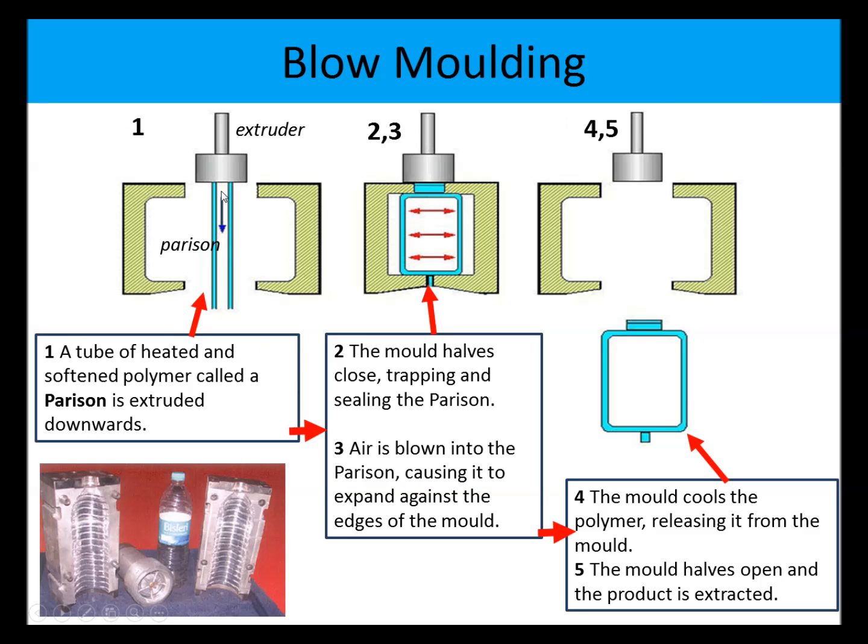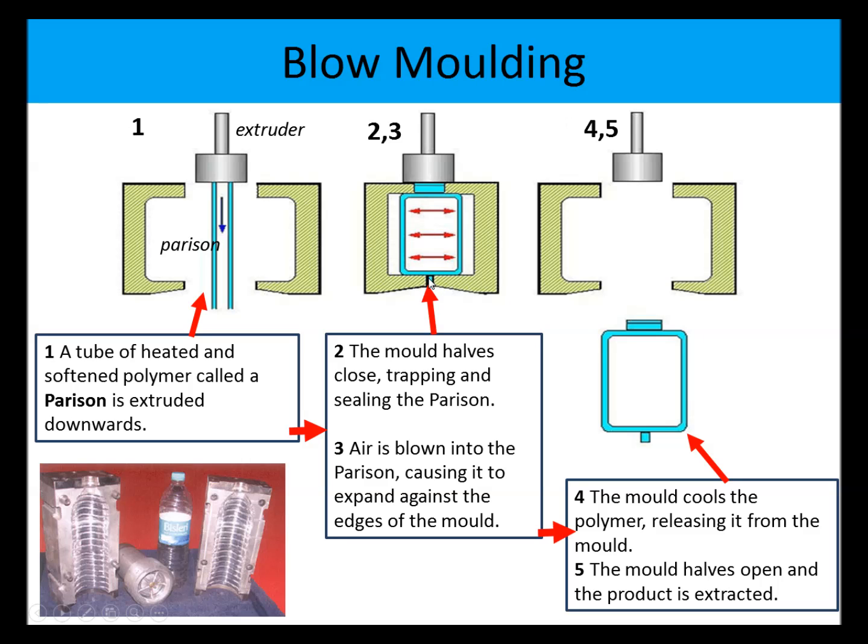Basically how this process works is there's an extruder where plastic is fed down, and an item called a parison comes down, which is basically a tube. As it extends down, the two sides of the mould close in on it, trapping the bottom of the parison, and you often see a little mark on the bottom, a witness mark on the bottom of a bottle.